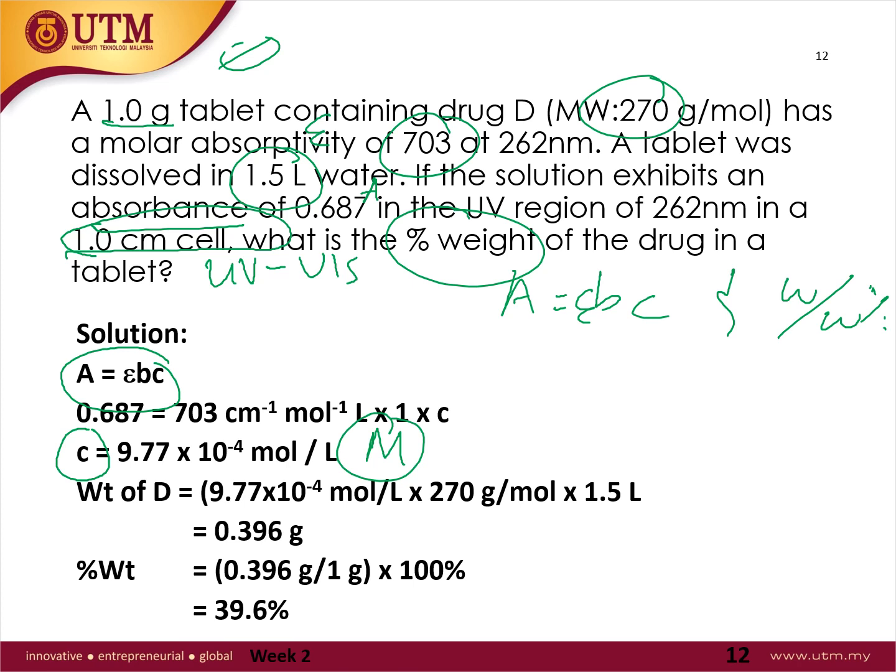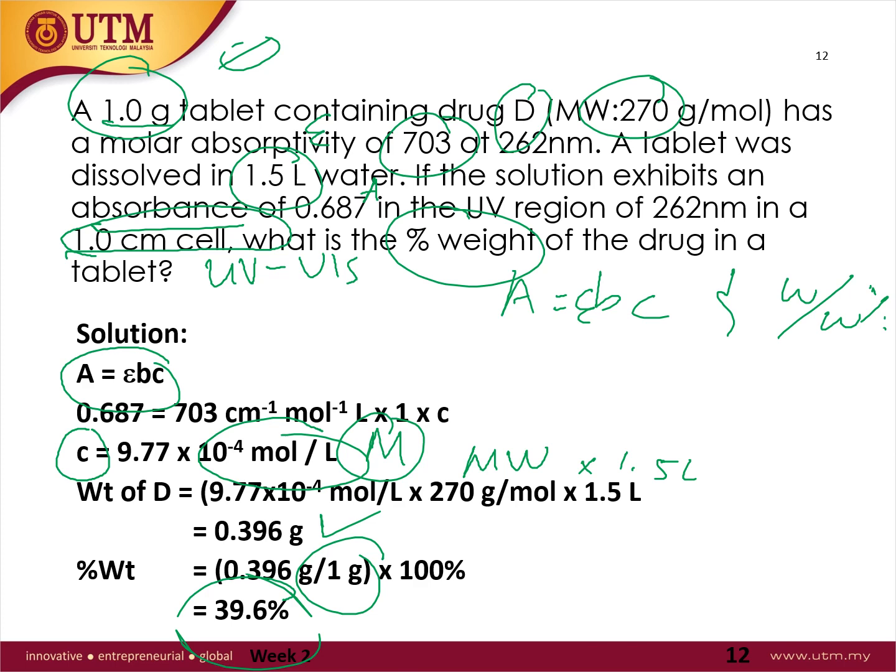Then you want to know how much it is in grams. You have the concentration, then multiply by the molecular weight and by the 1.5 liter, and you will get this amount. Then divide, don't forget, by the 1 gram tablet. Imagine D is paracetamol. So we have 39.6 percent paracetamol in the 1 gram tablet.